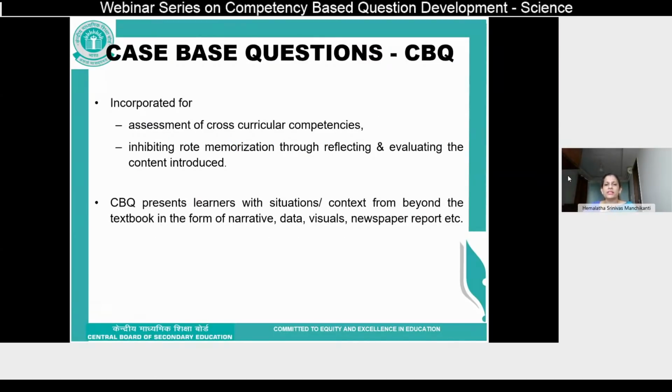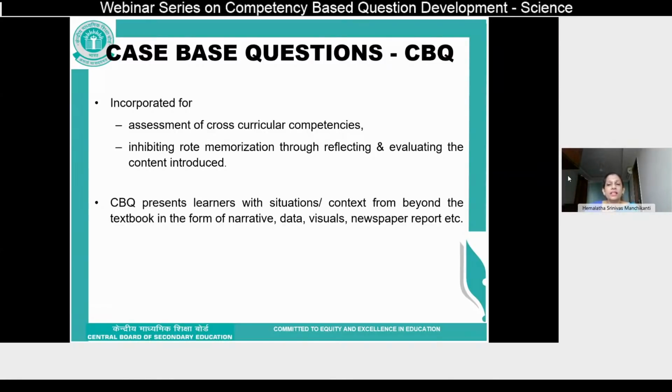Case-based questions. The purpose of writing a case-based question, as already discussed by Shweta ma'am, generally in the form of a multiple choice question for an activity, is to measure the learner's application of knowledge based on the desired results or the learning objectives of that particular activity. In a case-based question, generally a scenario is given. It should not be a simple comprehension-based question, as already mentioned by Shweta ma'am.